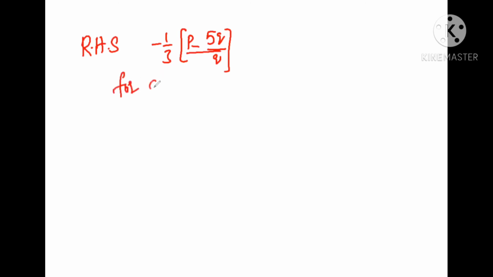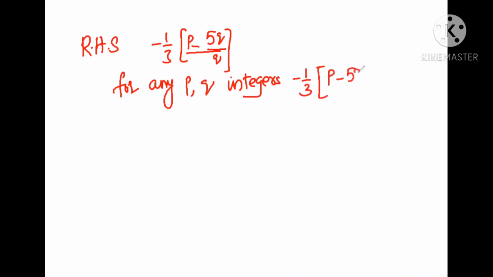For any p, q integers, minus 1 by 3 times p minus 5q by q is a rational number.